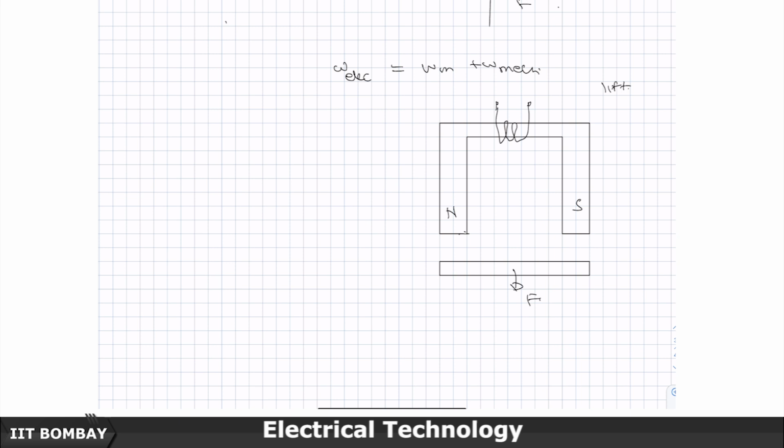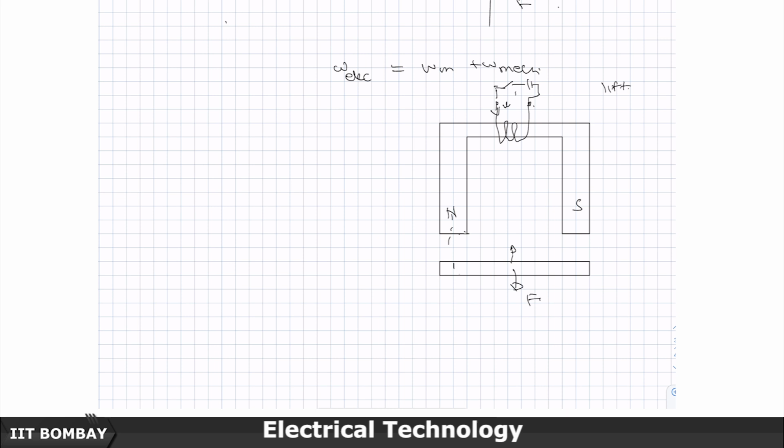So, this force is against this, I want to lift this, and for that I am going to send a current I through this coil.